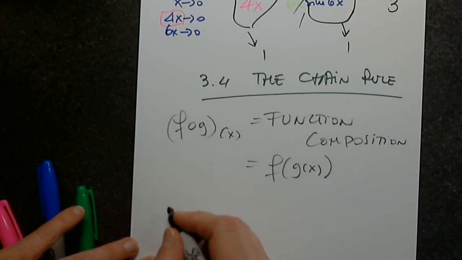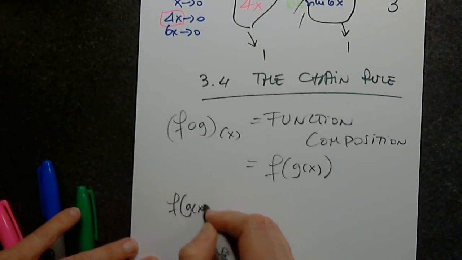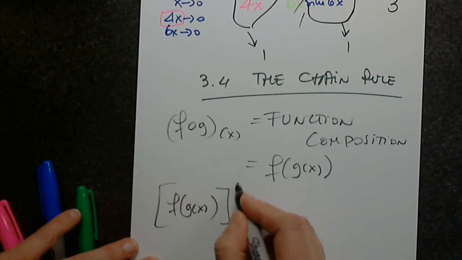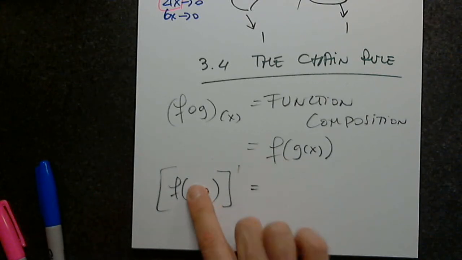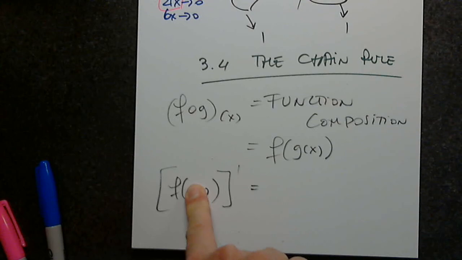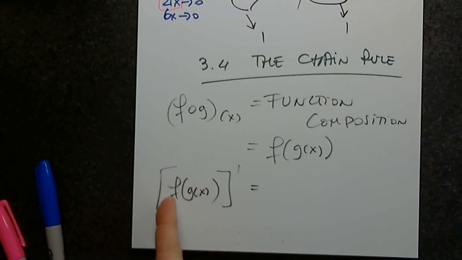So we really want to differentiate a function of a function. And here's how we do it. This is the inner function, and this is the outer function. The order is not important, but we prefer to say that we differentiate from outer to the inner.